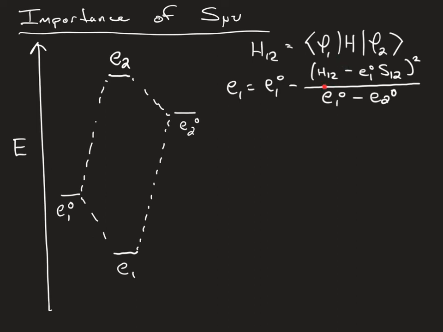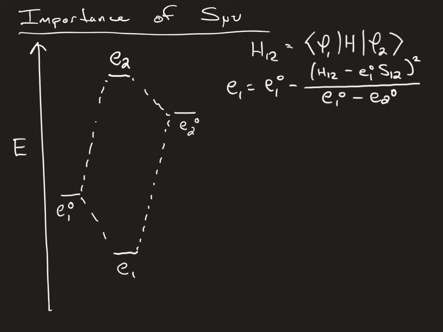Now here, this H12 is a negative term, so we're lowering the energy, which is stabilizing the energy relative to the atomic orbital. So the larger the value of your overlap integral, the more stabilized the energy of the resulting molecular orbital is going to be.